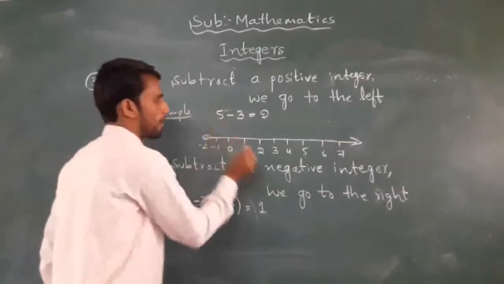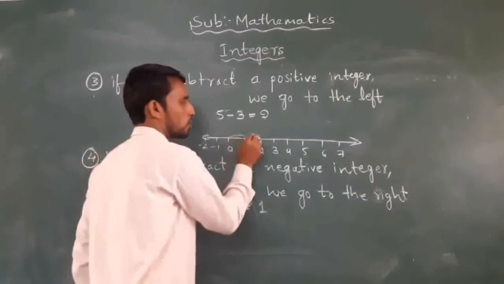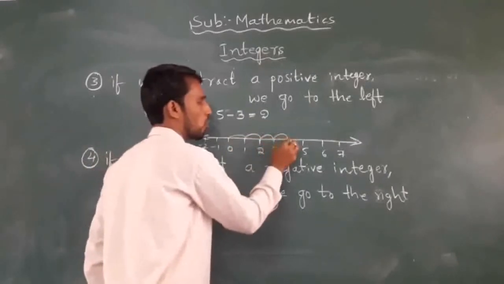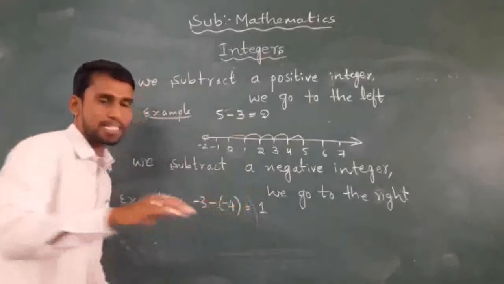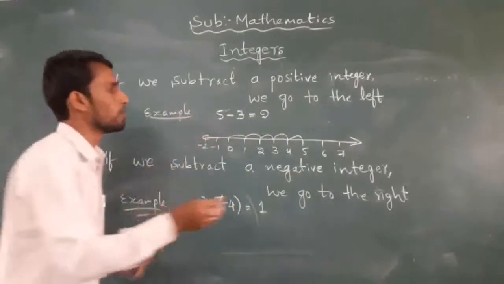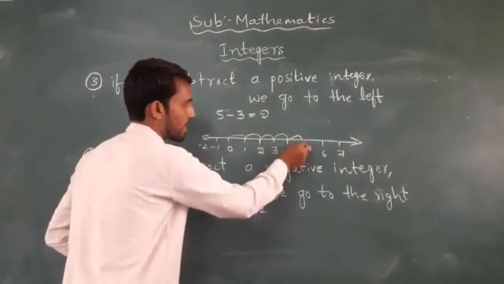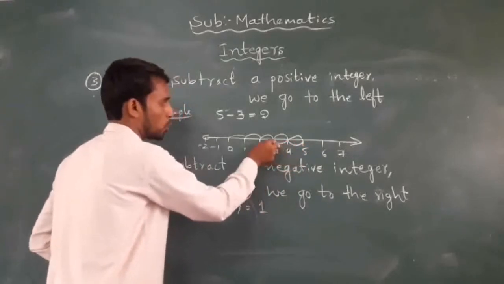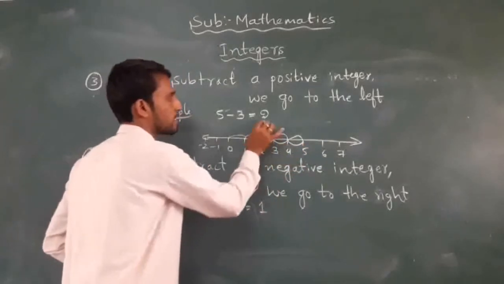See here, 5: 1, 2, 3, 4, 5. When we subtract 3 from 5, we move towards the left side: 1, 2, 3. Our answer is 2.